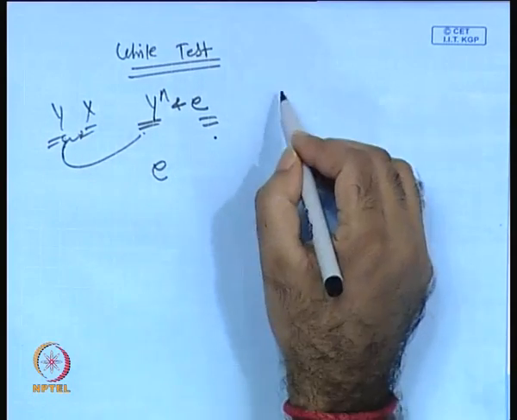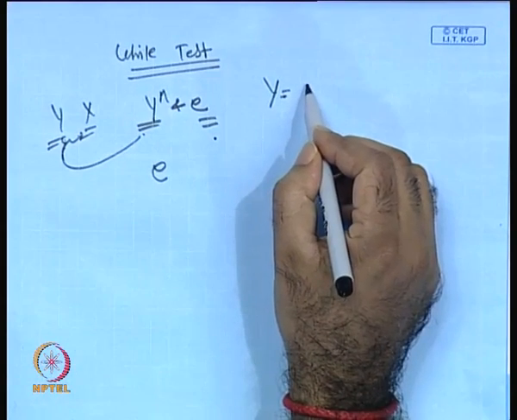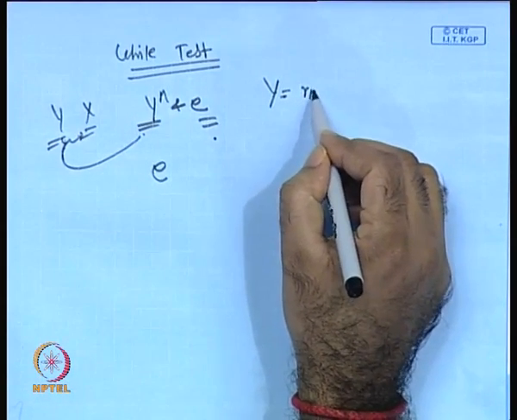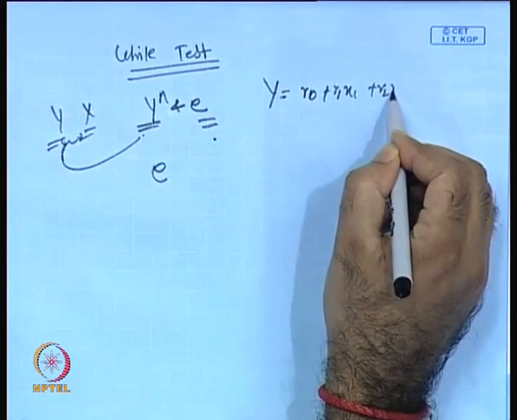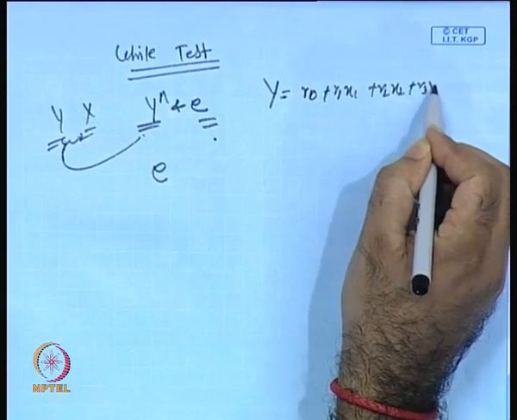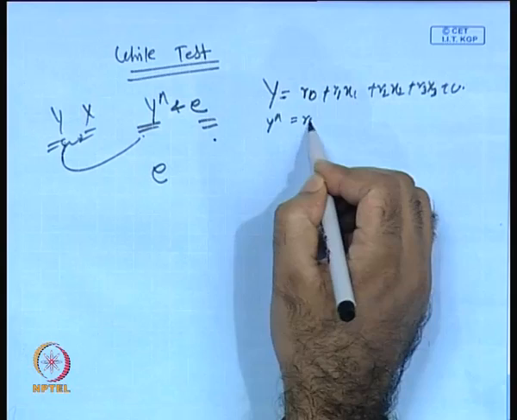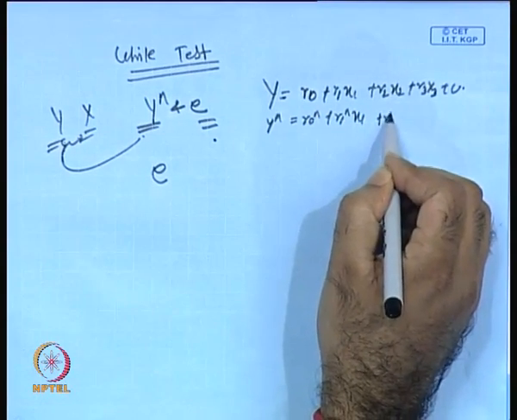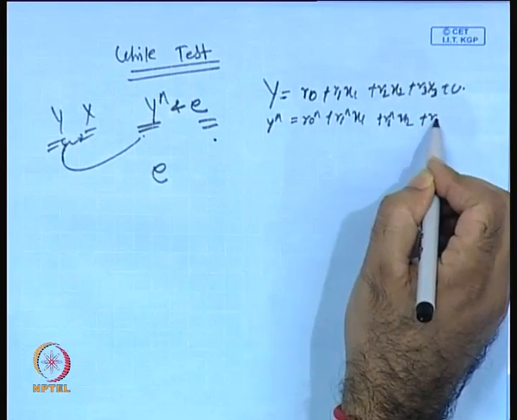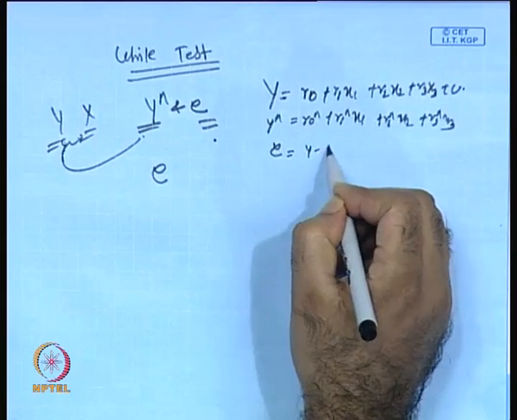Let's say there are 3 variables in the system, so you take y = gamma 0 plus gamma 1 x1 plus gamma 2 x2 plus gamma 3 x3 plus u. The estimated model will be gamma 0 head plus gamma 1 head x1 plus gamma 2 head x2 plus gamma 3 head x3. You find the error term, y minus y head.